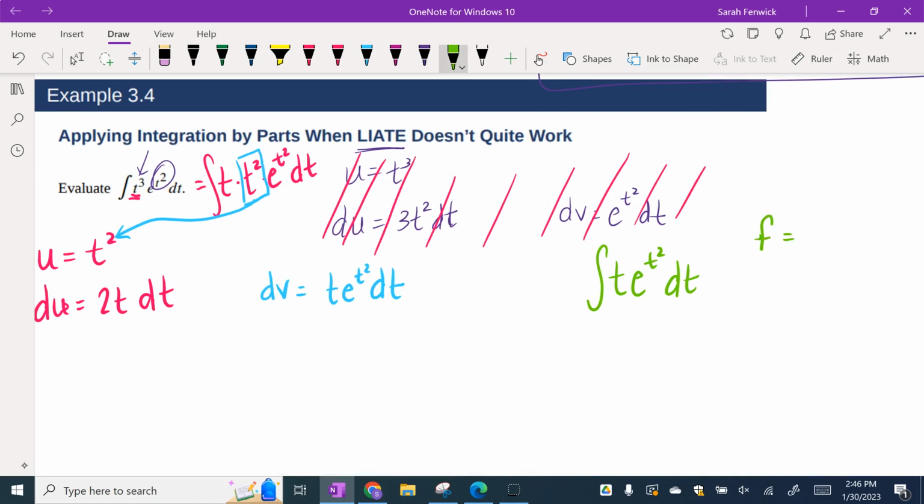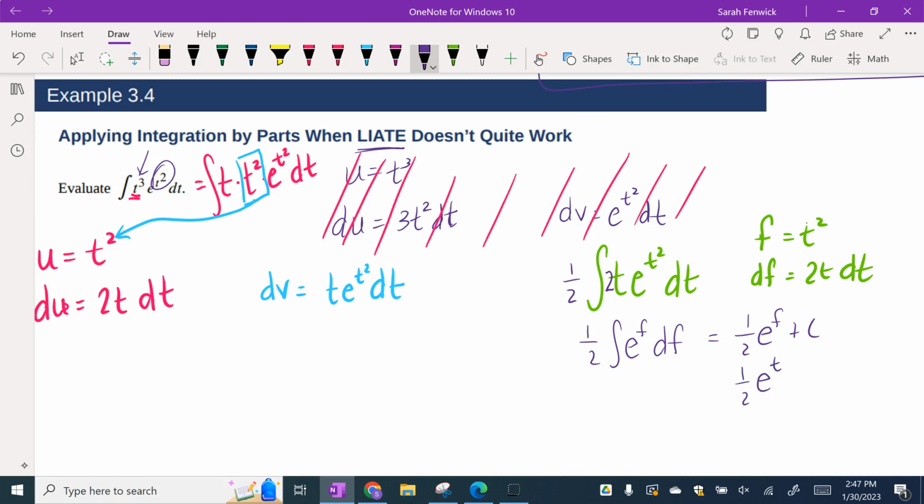Let's do f. f is t squared, right? df is 2t dt. I have a t, but I don't have a 2, so I'll put that there. So now I have 1/2 integral e to the f df, which is 1/2 e to the f plus c, 1/2 e to the t squared plus c. So v equals 1/2 e to the t squared plus c.